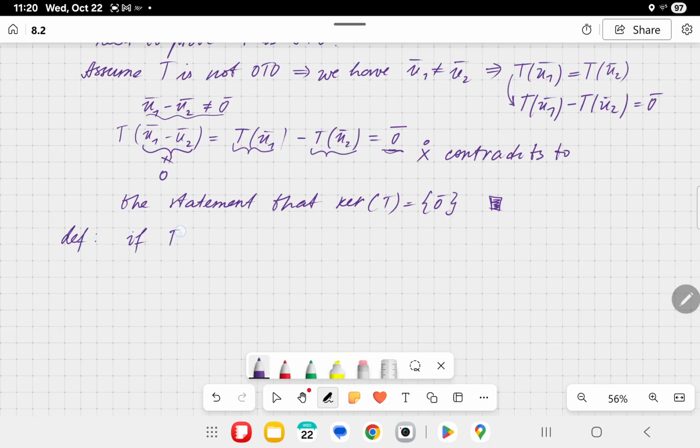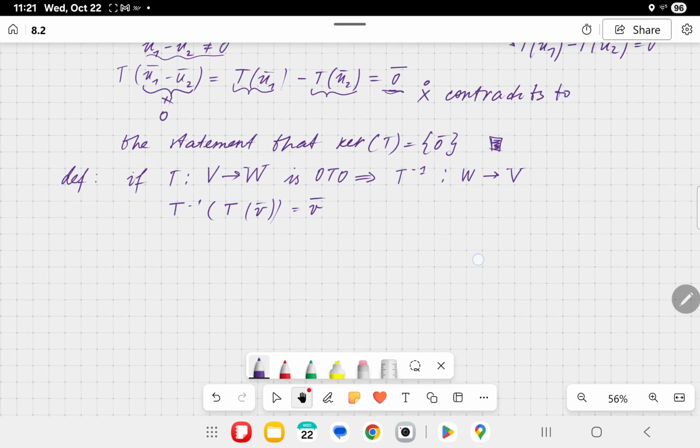If the linear transformation T from V to W is 1 to 1, then we can define the inverse transformation T inverse from W to V. And the cancellation equations are going to work, right? So if you apply T inverse to T of V, you're supposed to get back V.